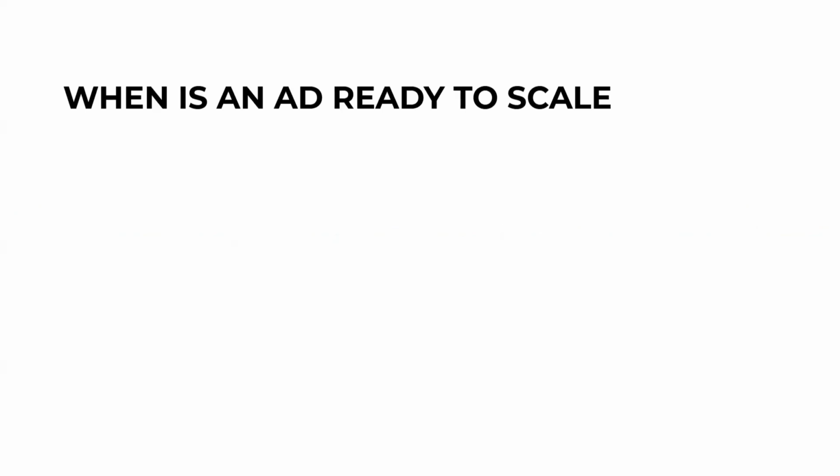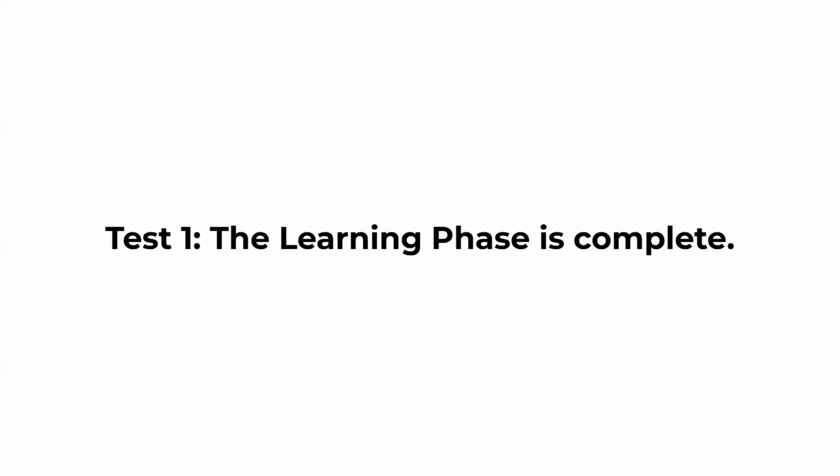There are things you need to know. So when is an advert actually ready to scale? Okay. First of all, there are three simple tests. The first test is that the learning phase is already completed. Learning phase requires that you get 50 conversions in 7 days. So if you have not been able to get up to 50 conversions in 7 days, you are not qualified to scale that advert.